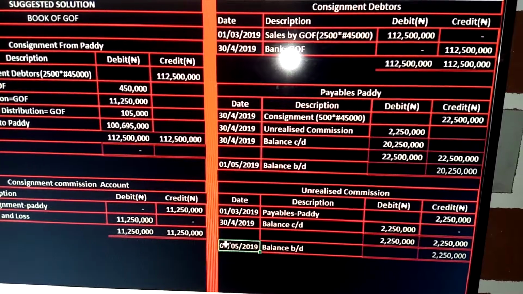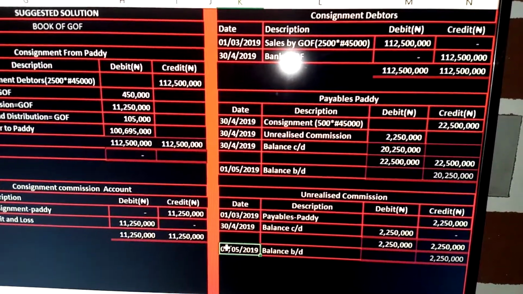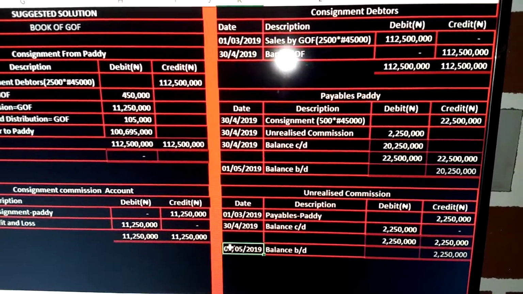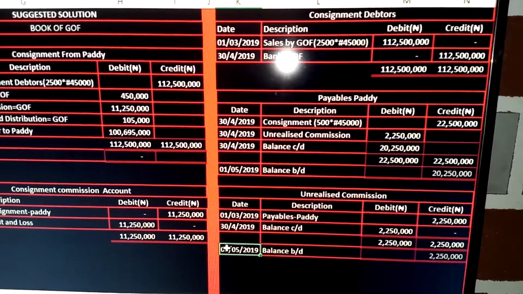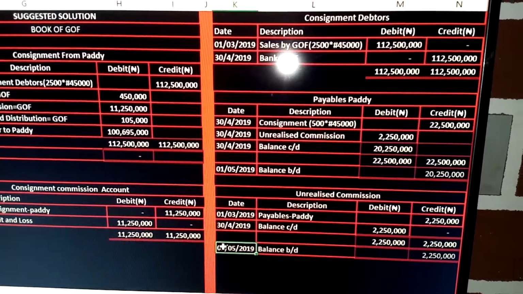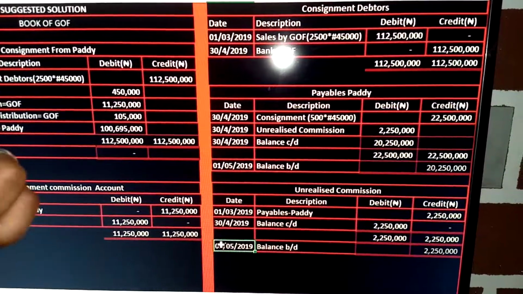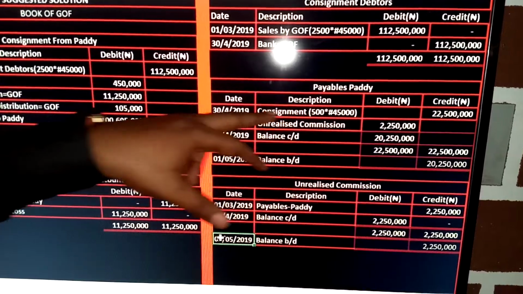Now let us know how much GOF is owing Paddy. Remember, 3,000 units of shoes were sent, but now we're saying that 2,500 packs have been sold. That means the remaining is 500 units unsold. From GOF's perspective, the cost is going to be 45,000.